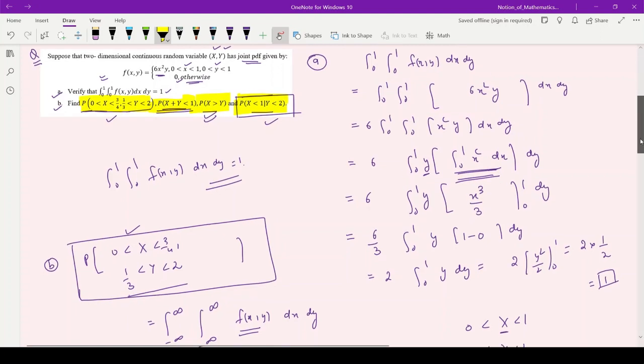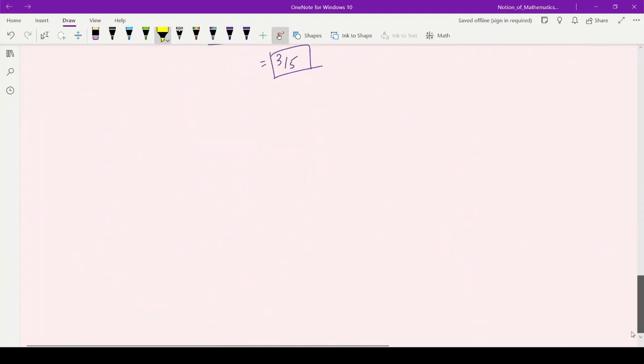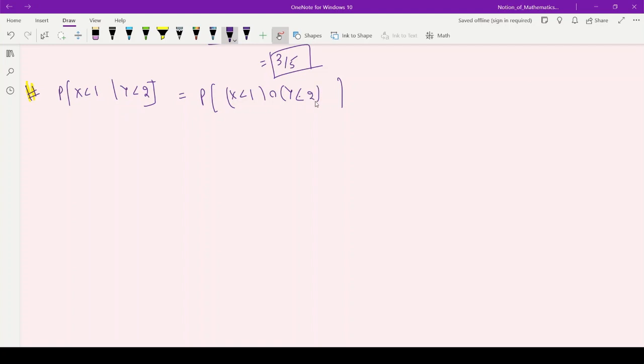So next is probability of x less than 1 given y is less than 2. So it is probability of x less than 1 intersection y less than 2 upon probability of y less than 2. What we can do here, try to understand.